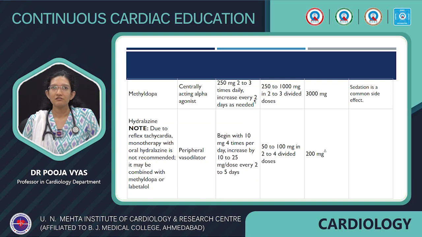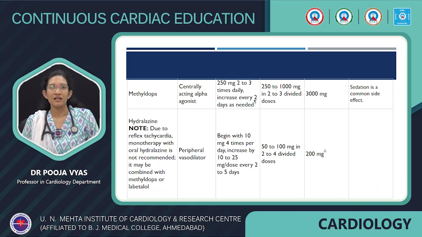Another drug used for management of hypertension in pregnancy is methyldopa. It is a centrally acting alpha agonist, and it is usually initiated at a dose of 250 milligram 2 to 3 times a day, and increased every 2 days if required.